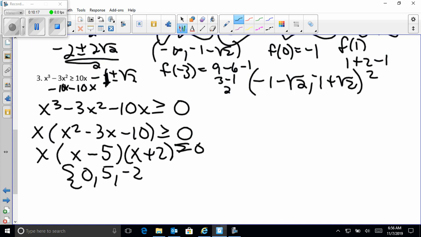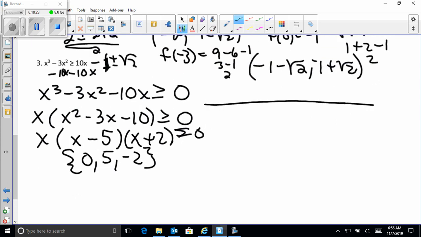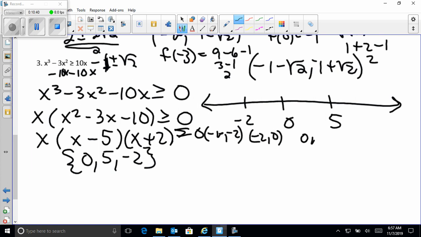So we've got a couple test regions here. We've drawn our number line. We actually have 4 this time: -2, 0, 5. We need to test from -infinity to -2, from -2 to 0, from 0 to 5, and then 5 to infinity.